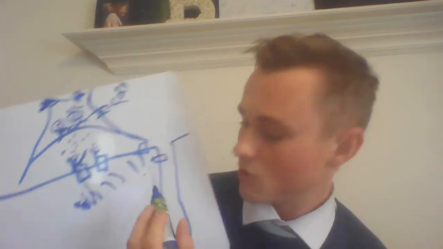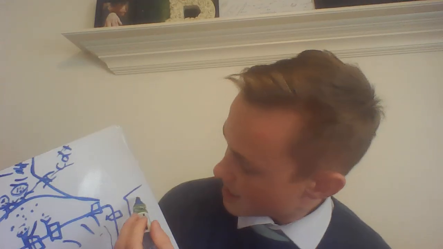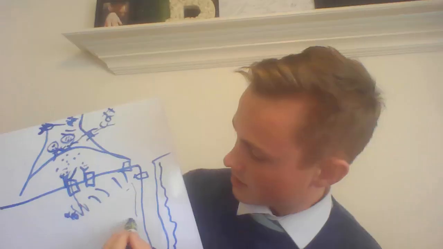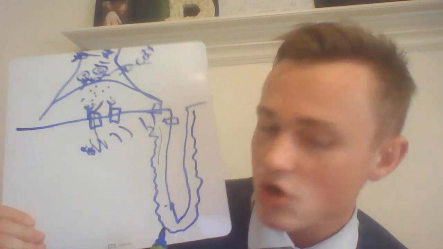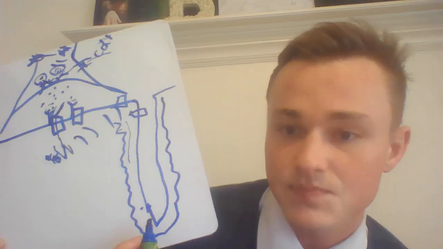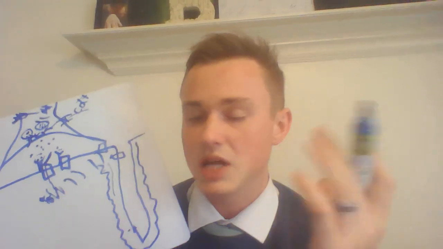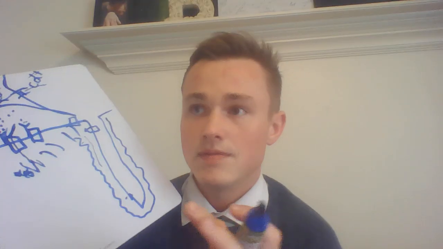So this T-tubule goes down deep into the muscle fiber itself, and surrounding the T-tubule, the little tunnel, is a membrane known as the sarcoplasmic reticulum, or we call it SR for short. The sarcoplasmic reticulum is a very special place for our muscles because it contains all of the intracellular calcium ions.